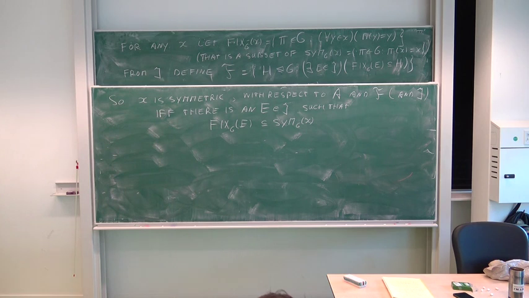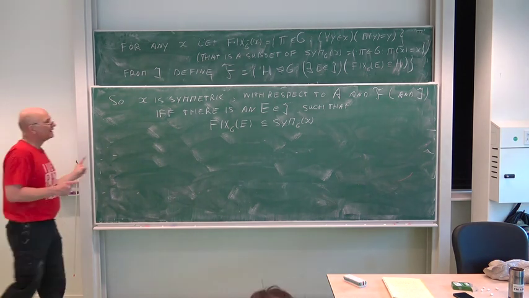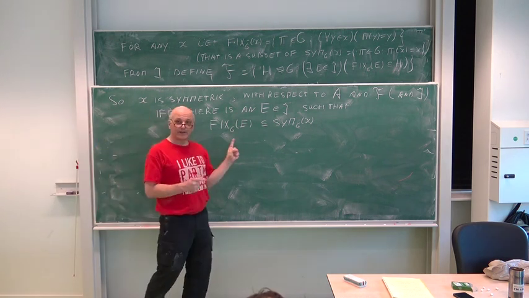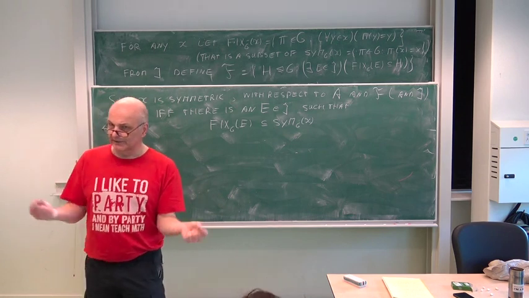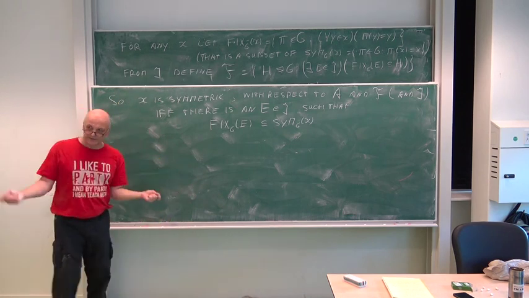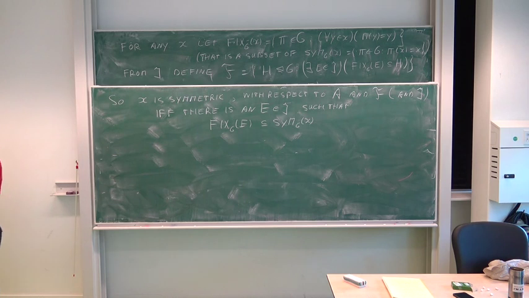If we build our filter starting from an ideal I, then we have a quite combinatorial way of checking whether something is symmetric.